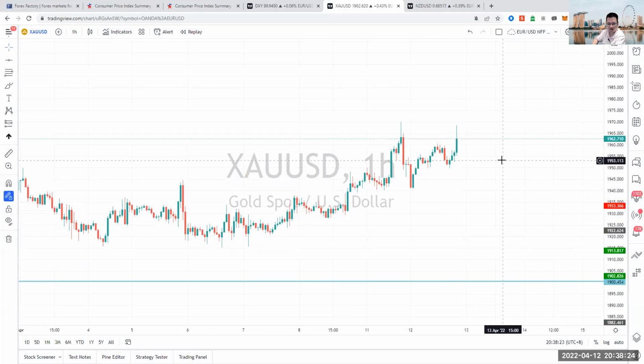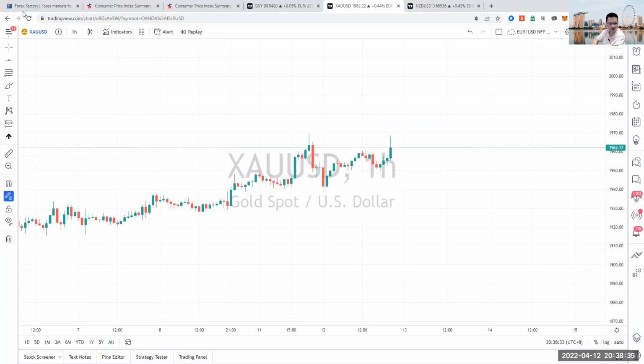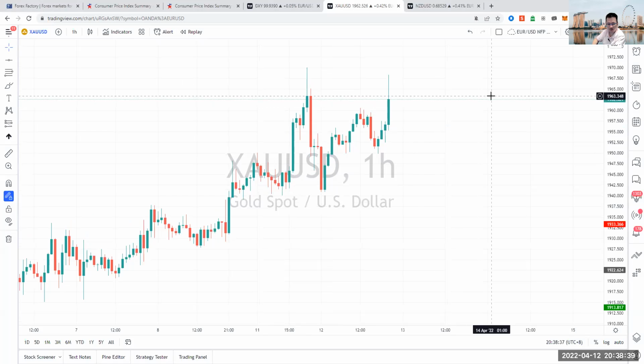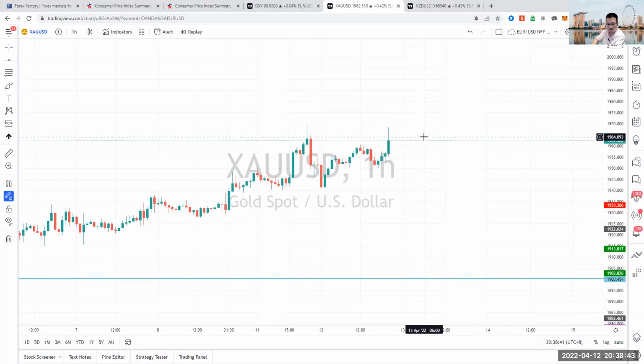Gold actually started turning up from when the news was released at 8:30. It's turning towards the upside. But as I was sharing with you, I don't think it'll move a lot higher. I think the 1970 level is going to cap it. It might go up a bit, but it will still sit within that range.